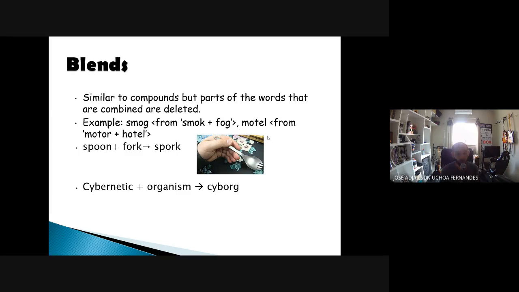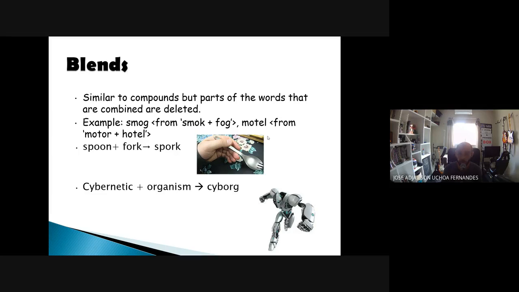Or when you have a cybernetic organism, you have a cyborg. That's where the word cyborg comes from. Cybernetic organism. Or Robocop. It's the mixture between robot and cop, but we lose the final T, so it's a blend.